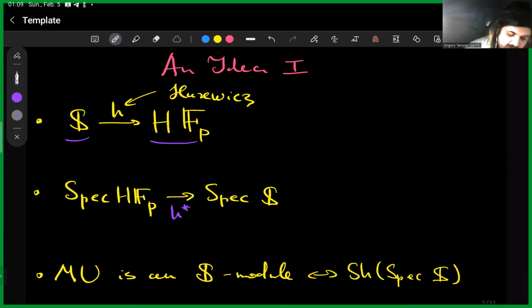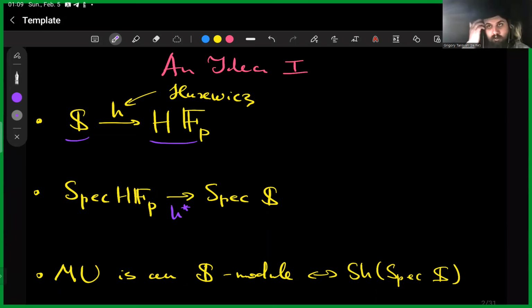Yeah, and the idea of the Adams spectral sequence is to recover the information about the original sheaf from information about the pullback. So this is a very general idea, obviously, and it can be interpreted more generally in terms of a descent spectral sequence.